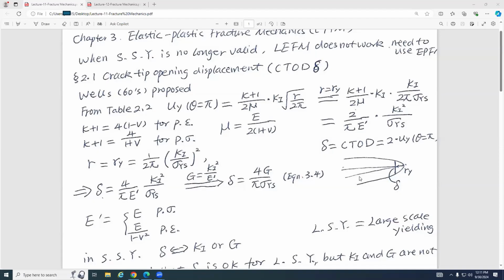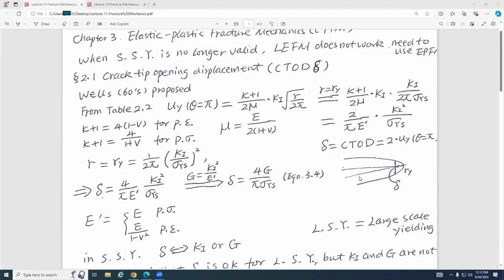uy is evaluated at theta equals pi. Why is theta equals pi? Because I told you, I will just assume this is a very, very sharp crack, and a sharp crack means these two faces are almost identical.